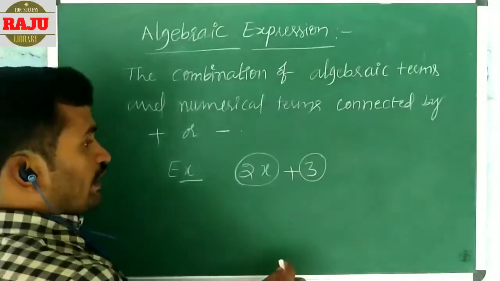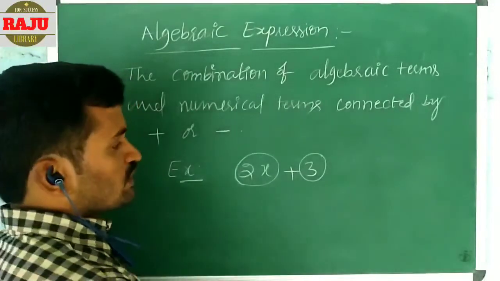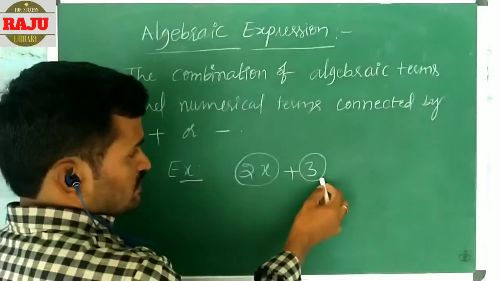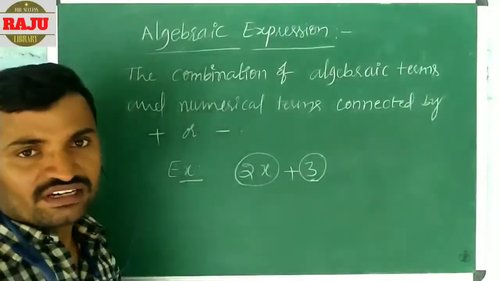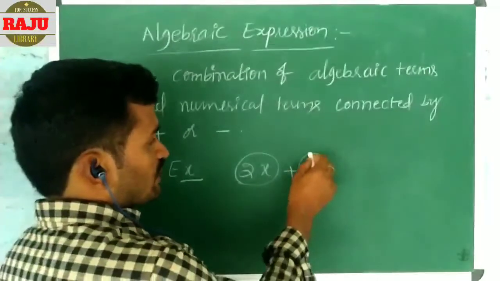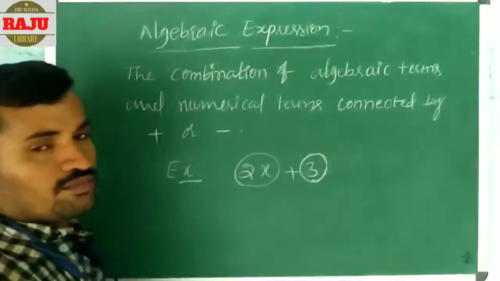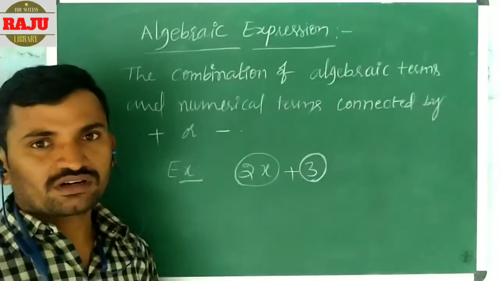Actually, I did not explain to you about a numerical term. Numerical means what? Numerals means numbers. So here 3 is the number. It is a constant. So just numbers we are considering as numerical terms. So no need of more explanation about numerical terms.